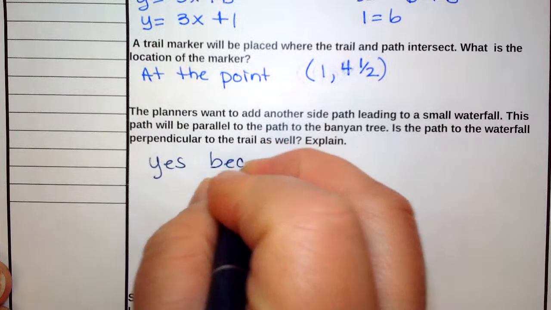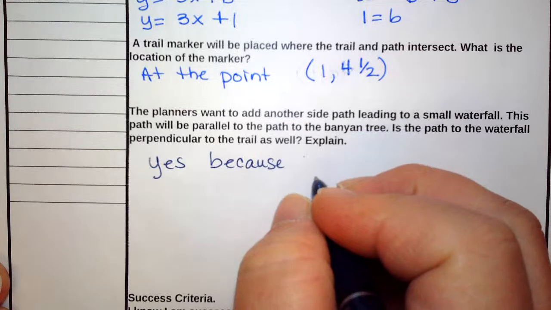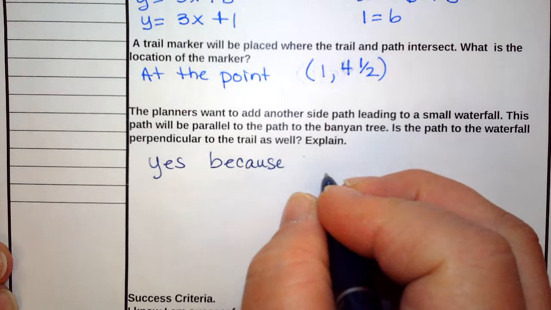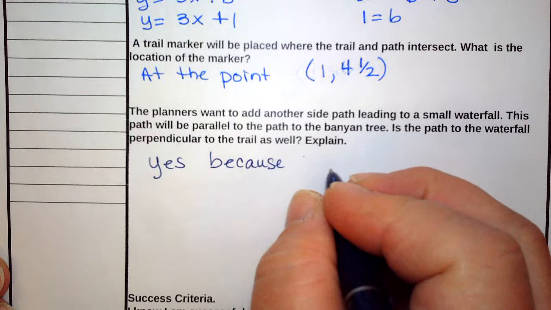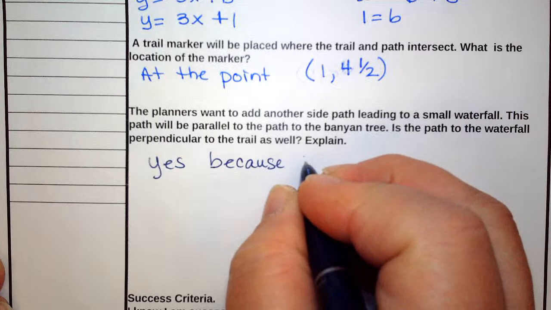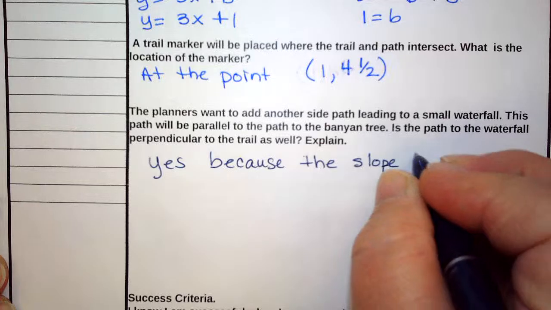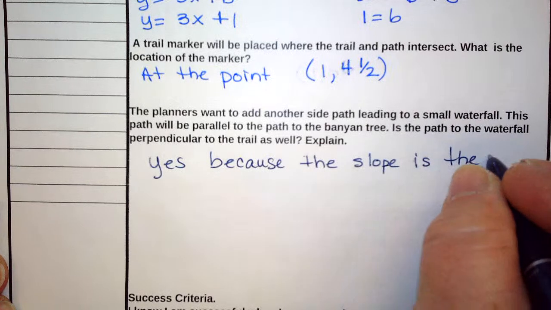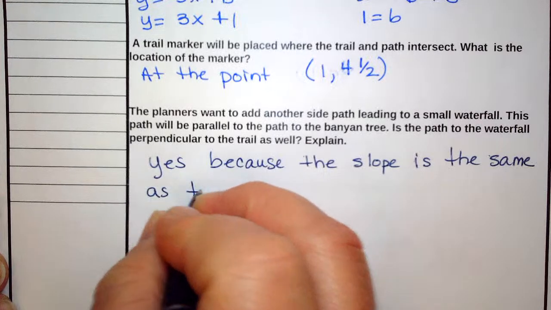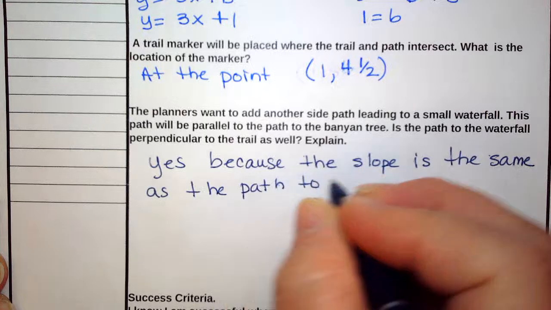And it's because if it's parallel to the banyan tree, then it has the same slope. And if it has the same slope, then it will be the opposite reciprocal to the first path. Because the slope is the same as the path to the banyan tree.